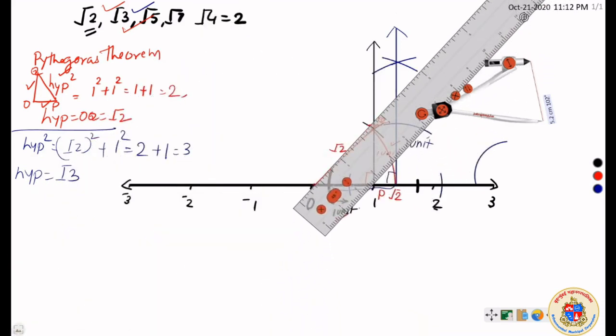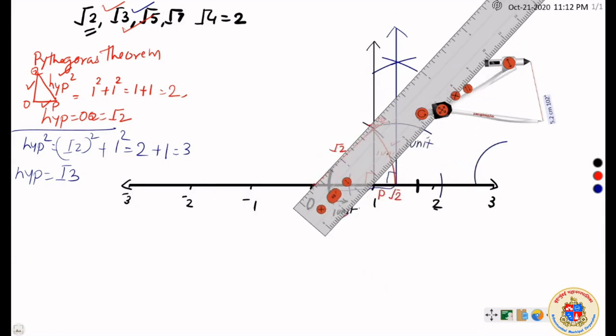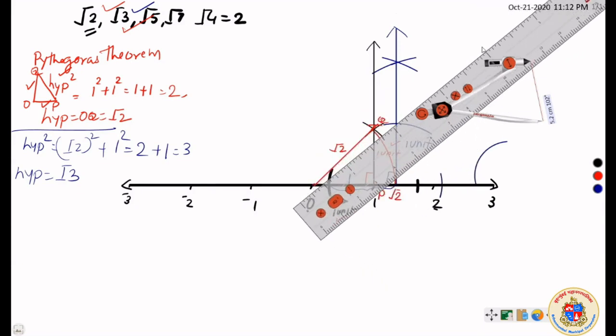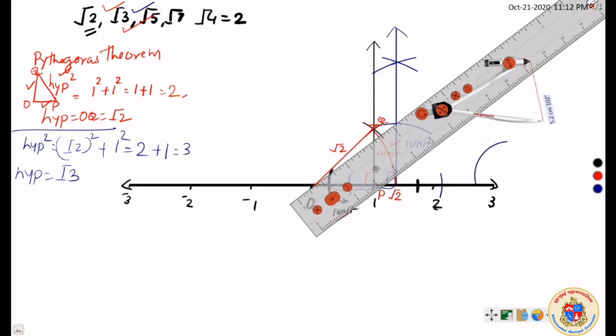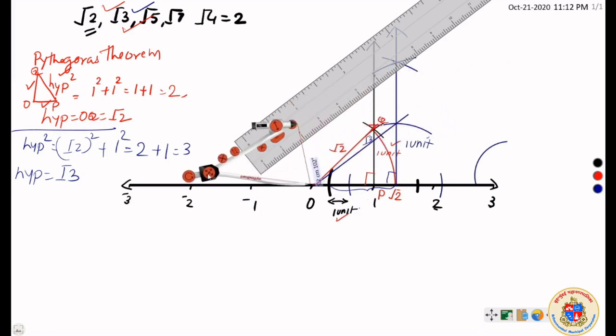Take the scale there and complete the right angle triangle of which the hypotenuse is equal to root 3. This is root 3 distance, and our compass will take the measure like before.